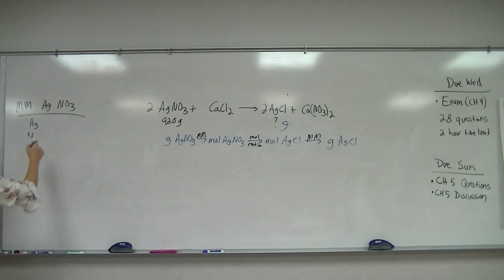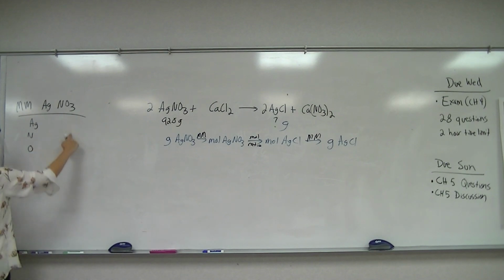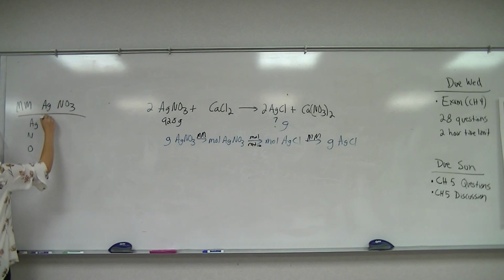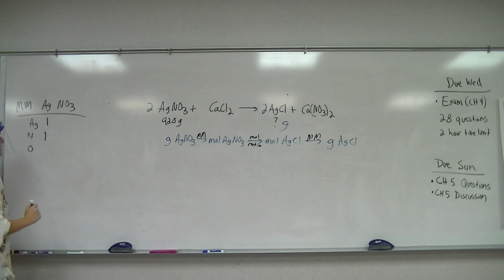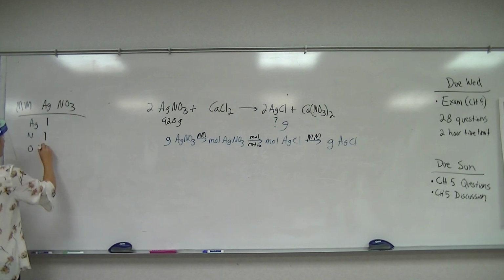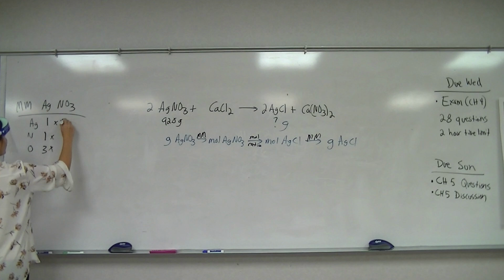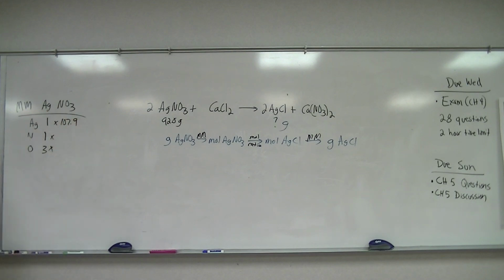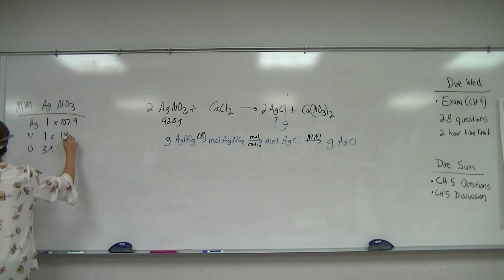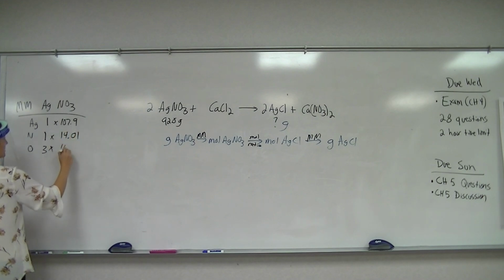So silver, you want to write the atoms you have of each and then the molar masses of them. For the atoms, you're using the subscripts. So I have 1 silver, 1 nitrogen, and 3 oxygens. Silver, 107.9. Nitrogen is 14.01, and then oxygen is 16.